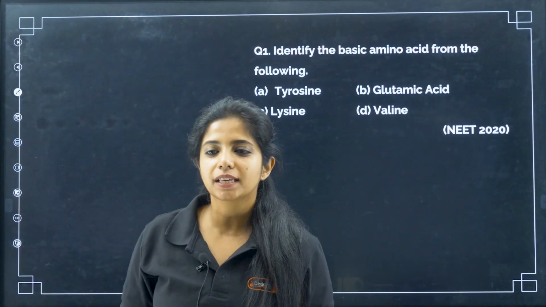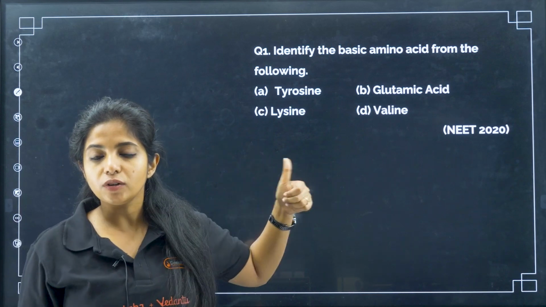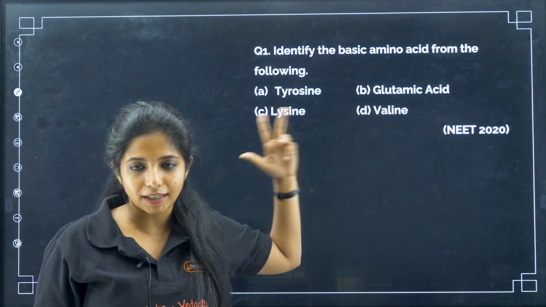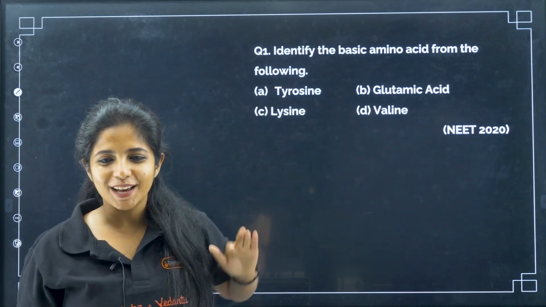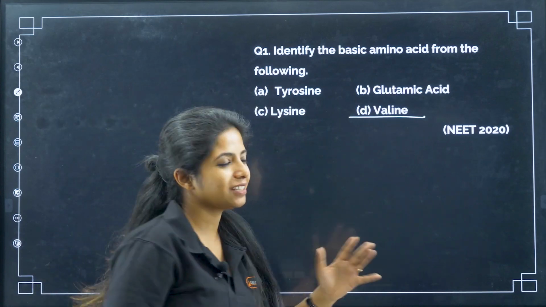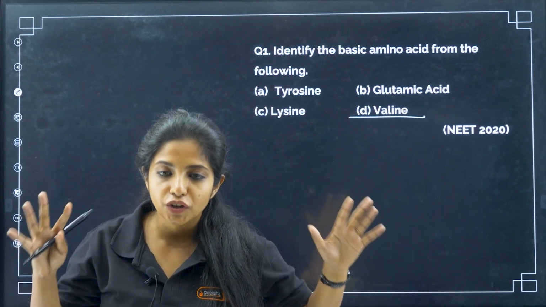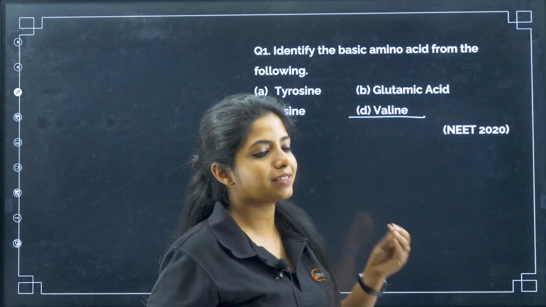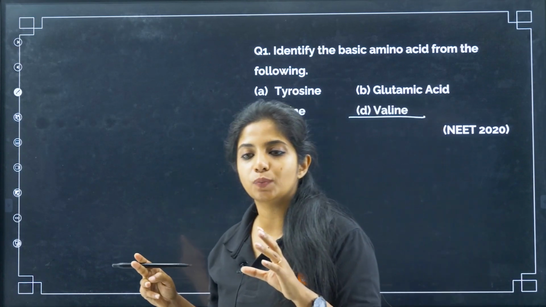So identify the basic amino acid from the following. You have tyrosine, you have glutamic acid, you have lysine, you have valine. Starting from valine. Okay, valine basically is a neutral amino acid, neither basic nor acidic. It will be what? Neutral. On what basis do we say it's acidic or basic, my dear children? You know, an amino acid is made up of what?